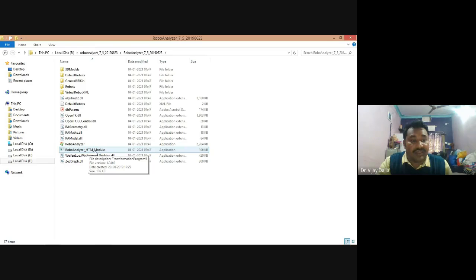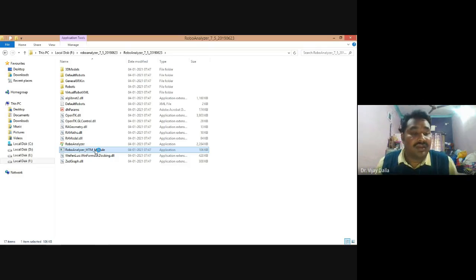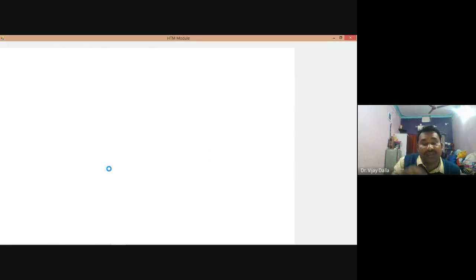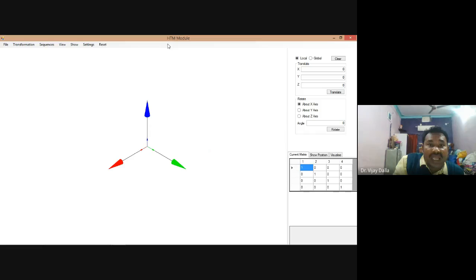So what is this actually? I'm going to click it and now it is going to open. You can see here the STM module. STM means homogeneous transformation matrix module.